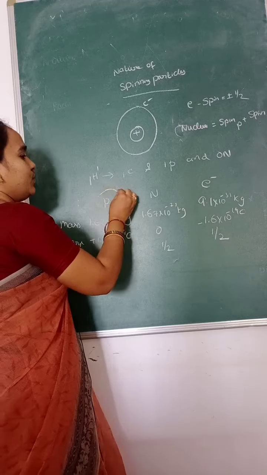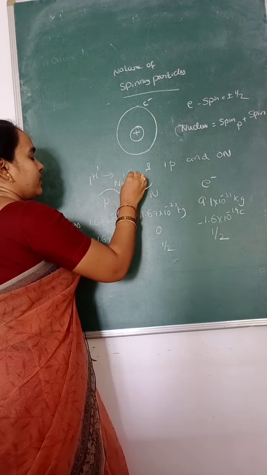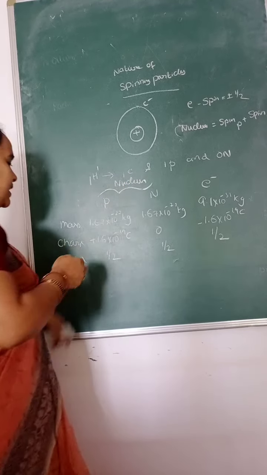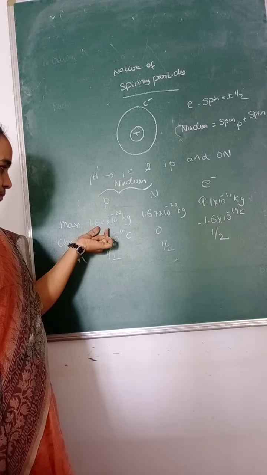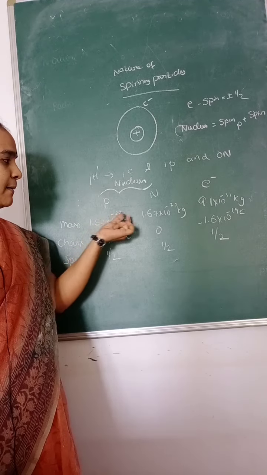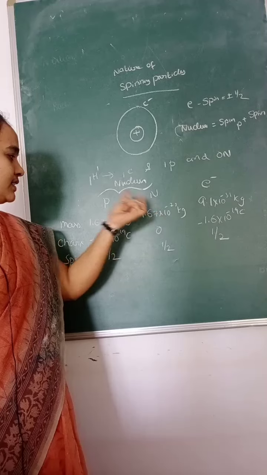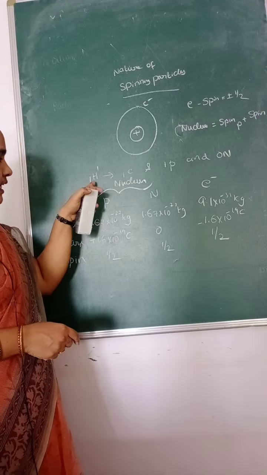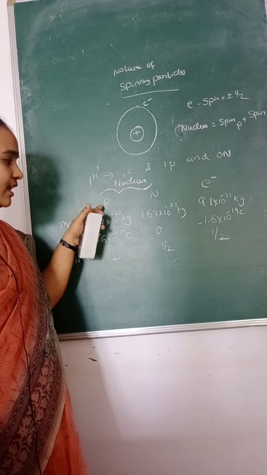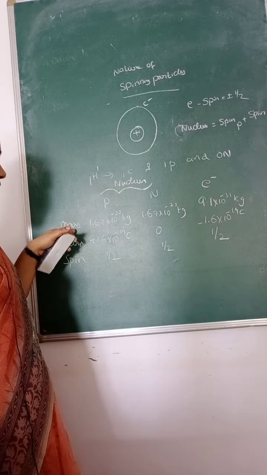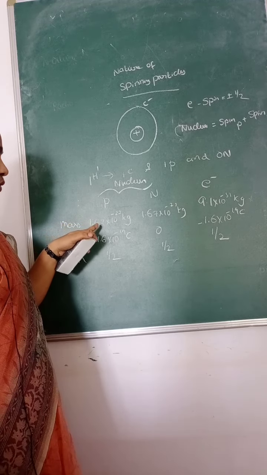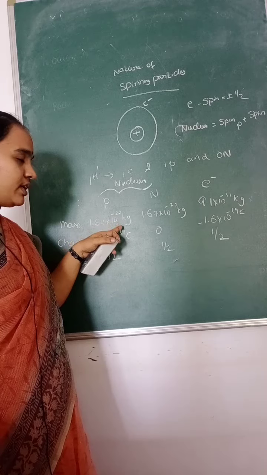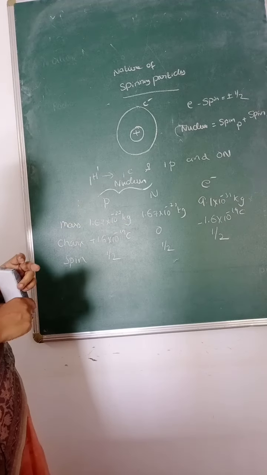Whereas the nuclear mass is the resultant sum of the mass of the proton plus the neutron mass. Since in the hydrogen atom we have only one proton, the mass of the nucleus is simply 1.67 into 10 power minus 27 kg.